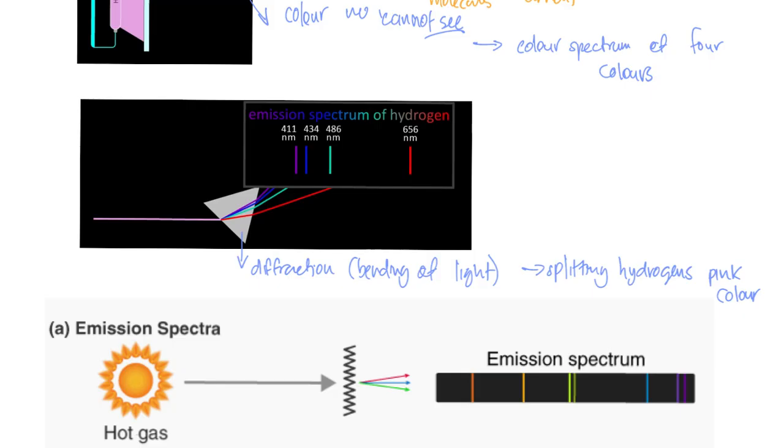We've got violet, then blue, then a blue-green, like turquoise, and then at the end we've got red.